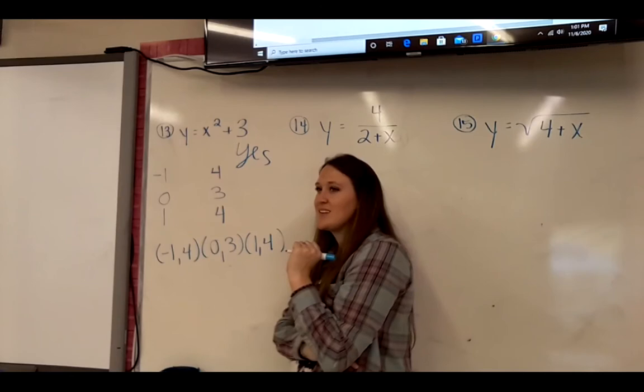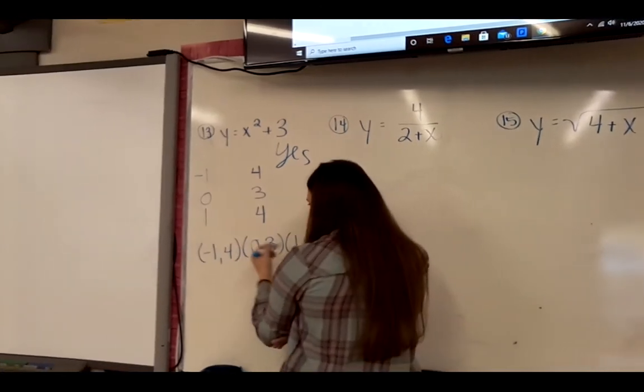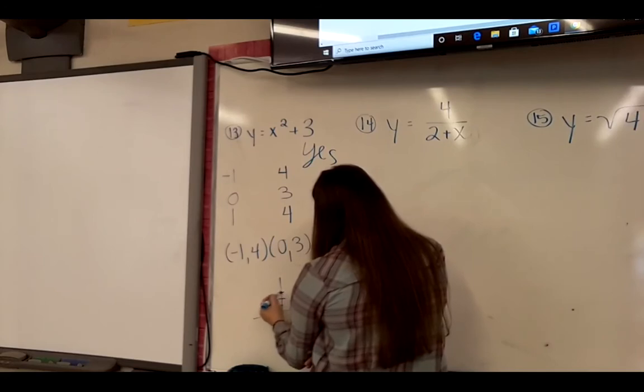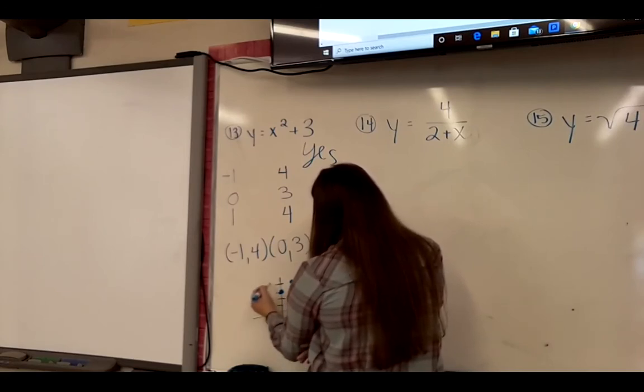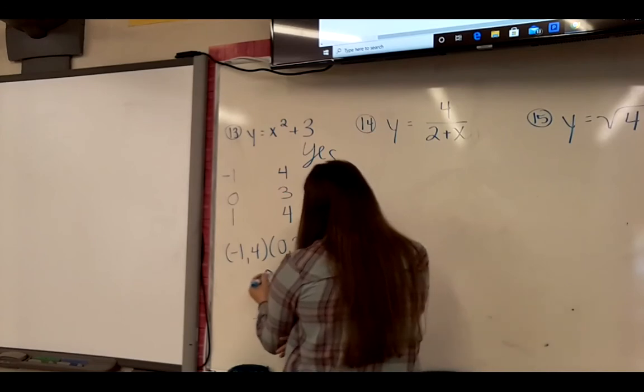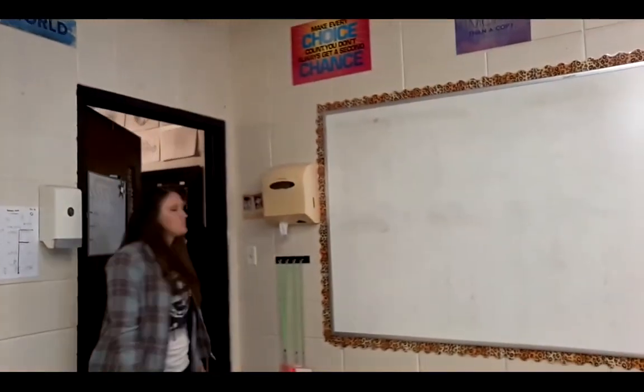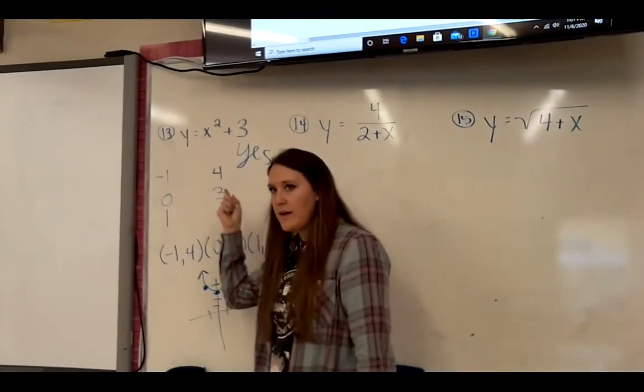Do you remember? Okay, so x squared, if I were to graph that, it would just be like this. So if you did the vertical line test, that's still a function, right? So that is still a function, okay?